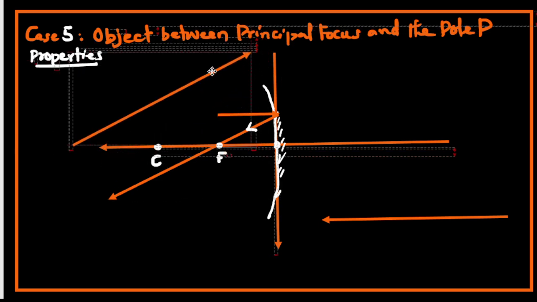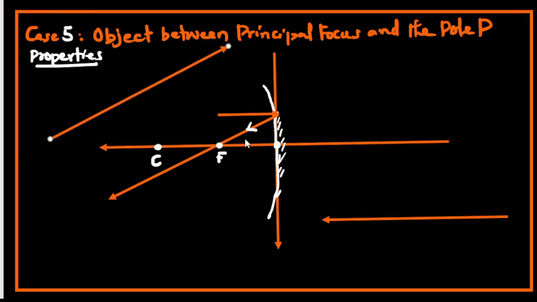So now we have an object somewhere between. Now I'm placing it here. So we have an object here. Let me use a better color to display that. This is an object here.